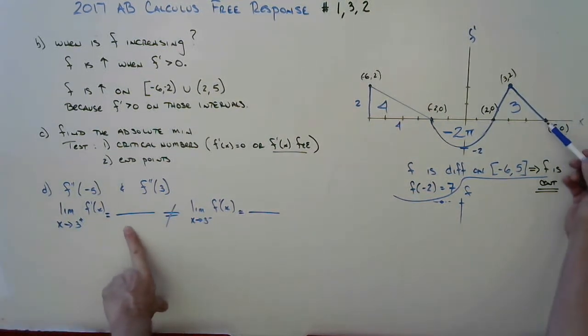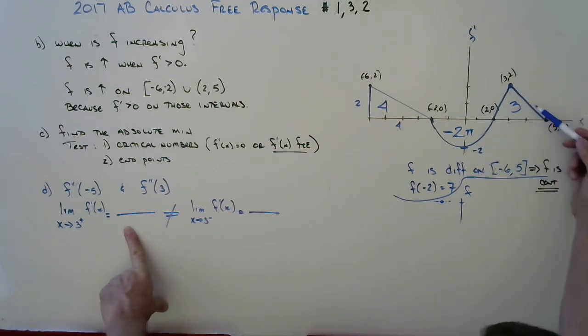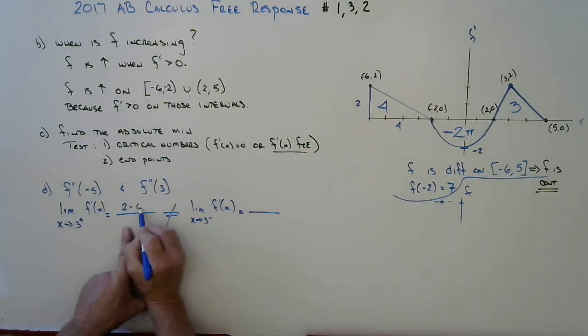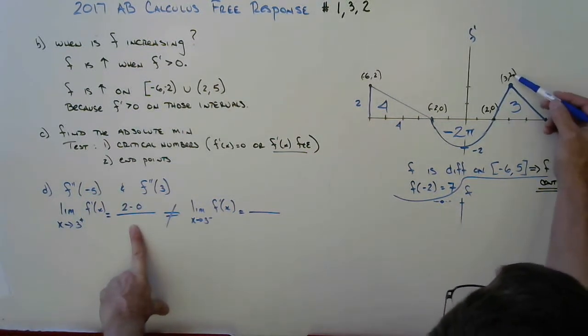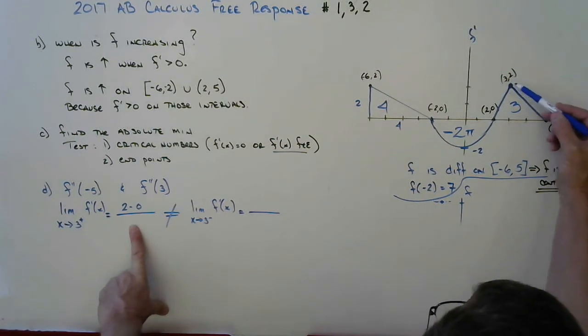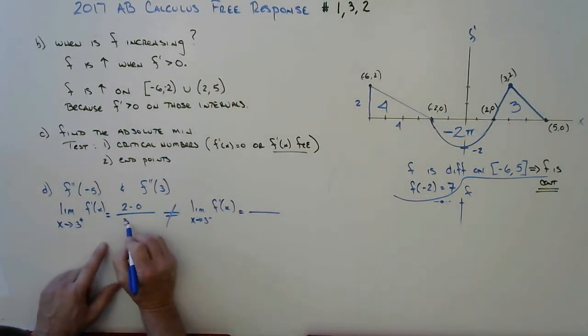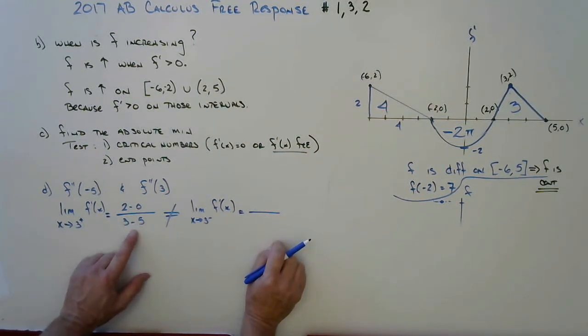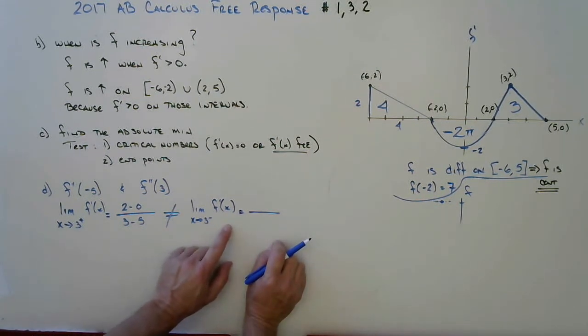As we approach 3 from above, we're on this line. We know what the slope of this line is. It's 2 minus 0, y minus y, over 3 minus 5, and we know that's negative 1. What do we get on the other side?